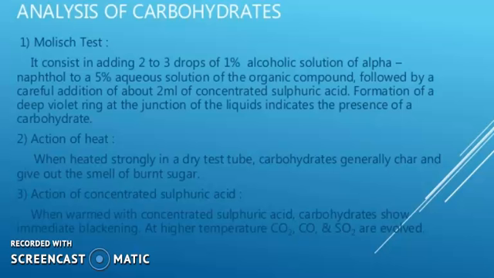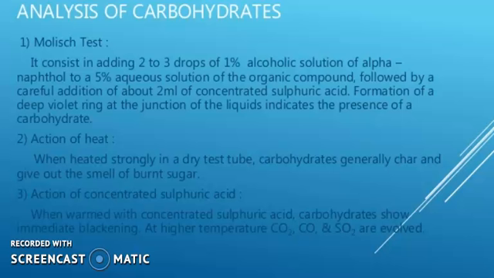Analysis of carbohydrate by Molisch test. It consists of adding 2 to 3 drops of 1% alcoholic solution of alpha naphthol to a 5% aqueous solution of the organic compound, followed by careful addition of about 2 ml concentrated sulfuric acid. Formation of a deep violet ring at the junction of the liquids indicates the presence of carbohydrate.